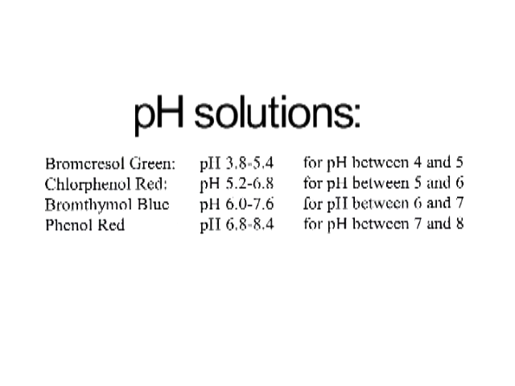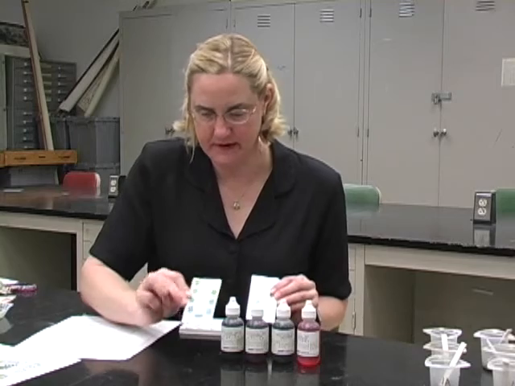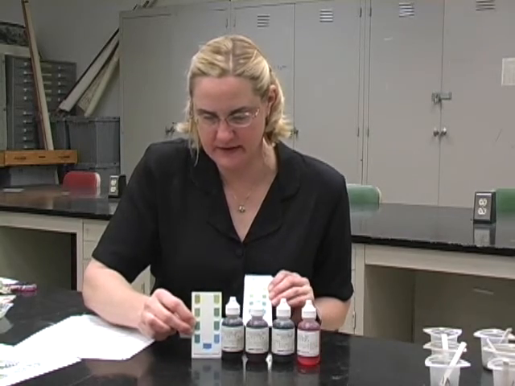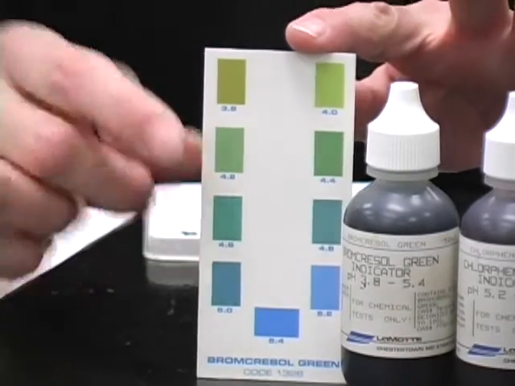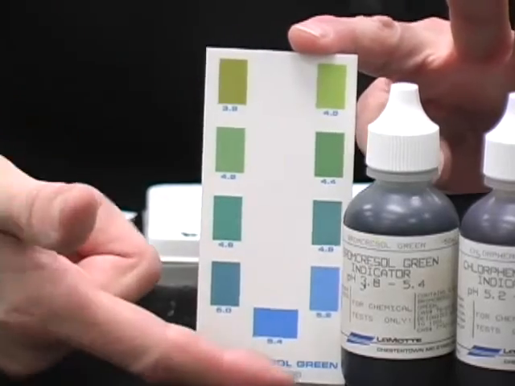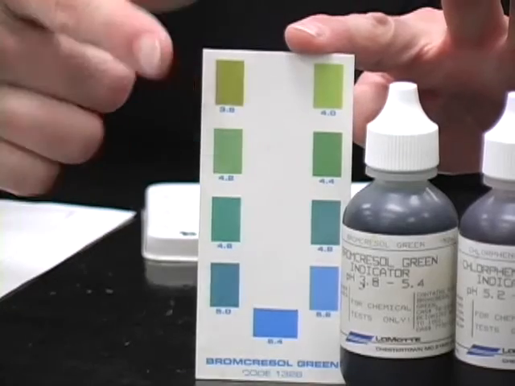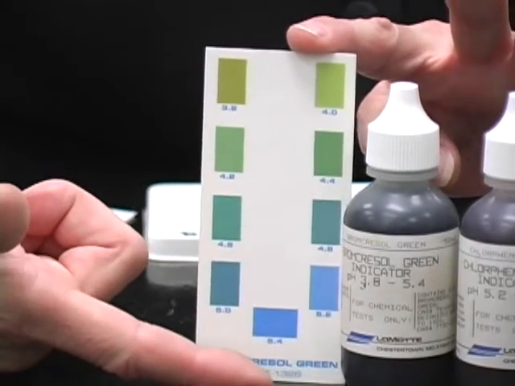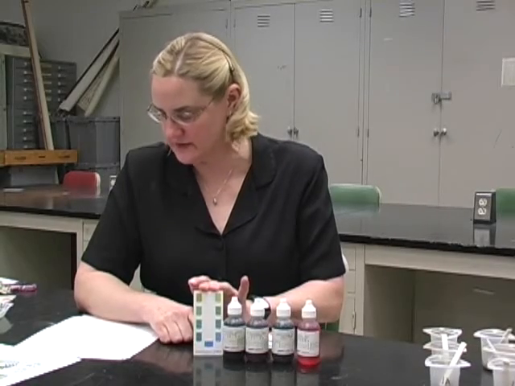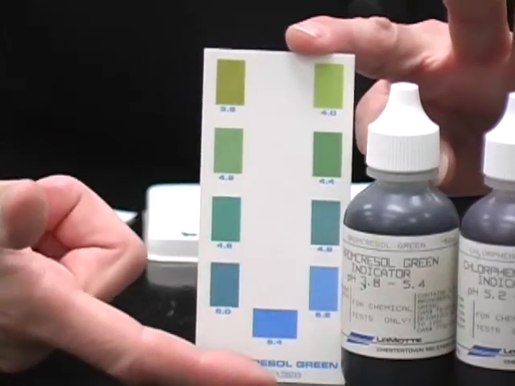And for each one of these solutions, there's another little card that goes with that solution that has a range in colors that can more finely tune the pH in that particular range. For example, for the bromocresol green, it goes from about 3.8 down to 5.4. So that's one that you would use for the first sample, the samples 1A and 1B.